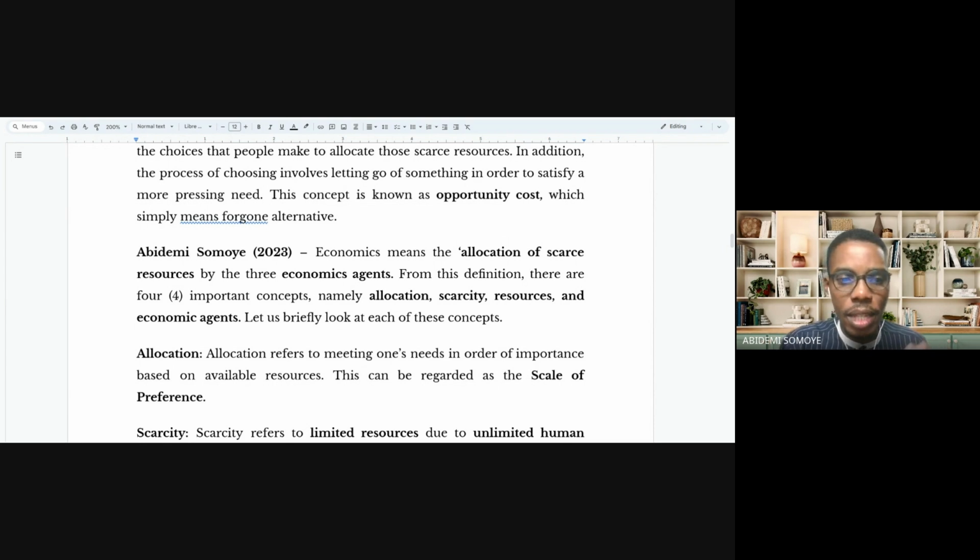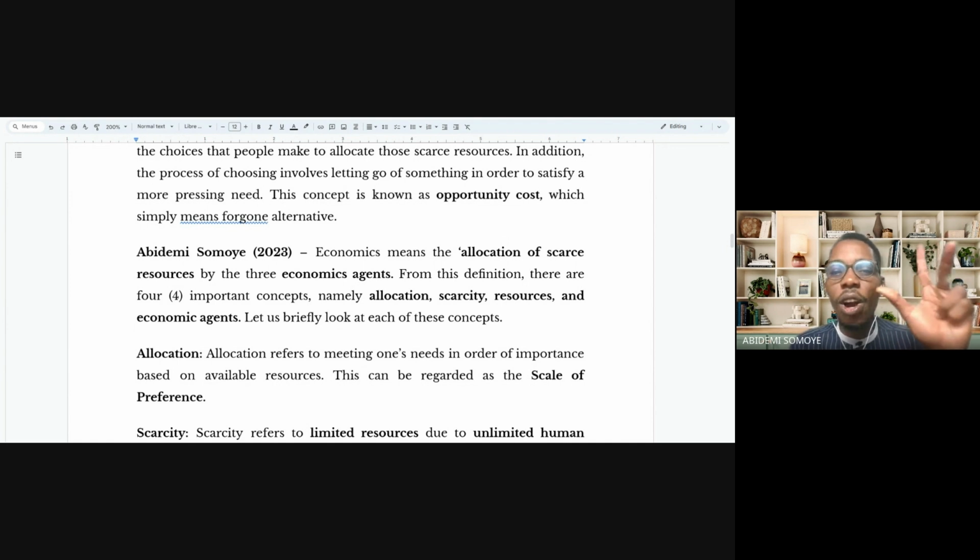Okay, individual, household, the firms, and the government, or we usually say the society. It is the government that is in charge of regulating the affairs of the society. The society means everyone. Okay, so the economic agents are individuals or households, the firms, and the government or the society.